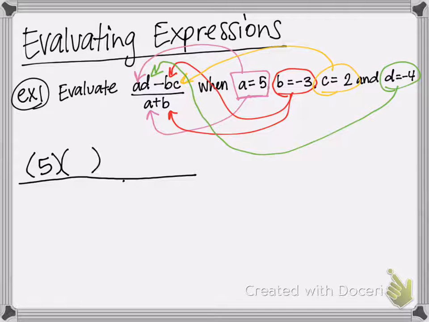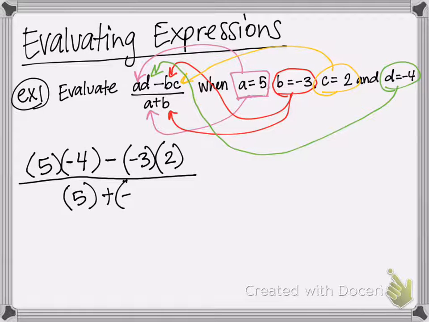And then I have my parentheses for D, which is -4. I'm going to copy down that minus, and I'm going to plug in B, which is -3, and I'm going to plug in C, which is 2. Notice that I use parentheses around everything that I plug in, super important. And then on the bottom I have A, which is 5, plus B, which is -3.